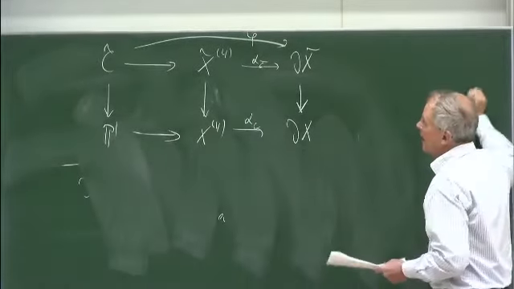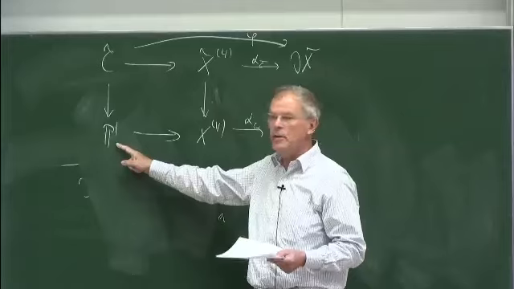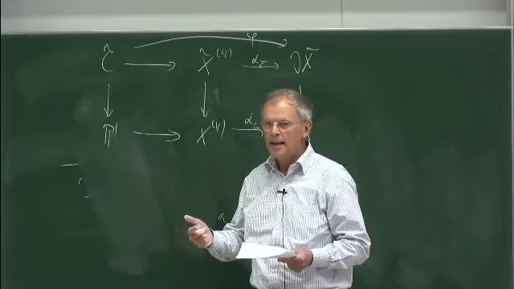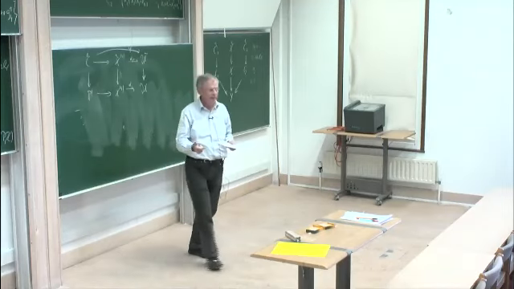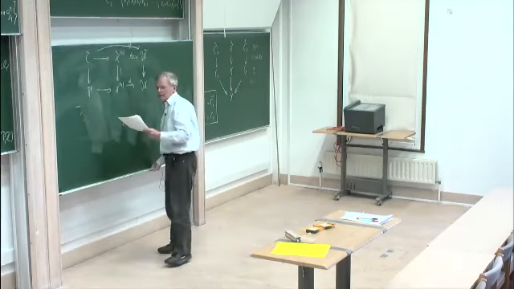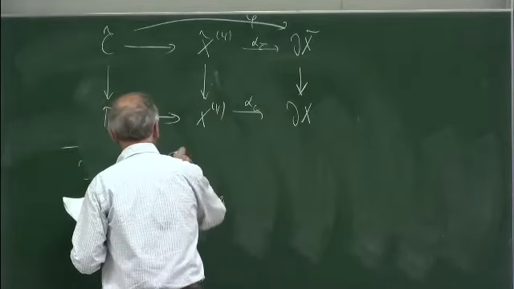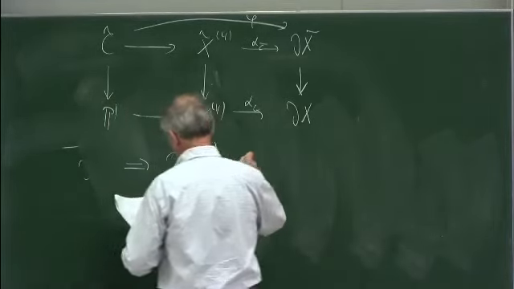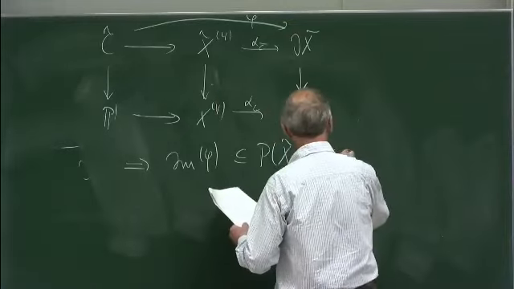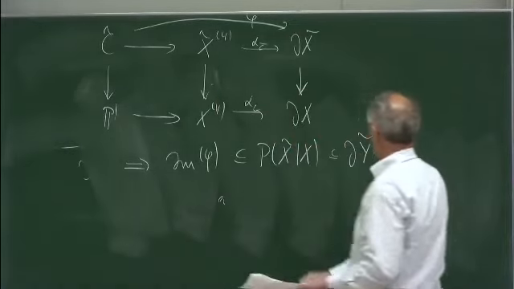Right? Now the point is, if you are on P1, any two divisors of the same degree are linearly equivalent. Any two line bundles over P1 are isomorphic, right? So this implies actually that the image of phi is contained in P of X tilde over X, which is contained in the Jacobian of X tilde.